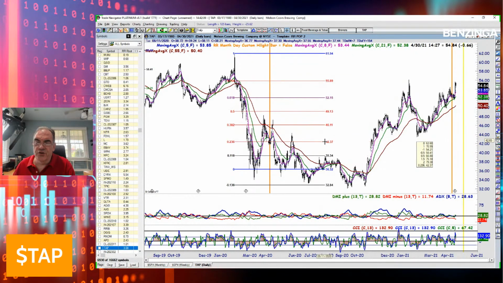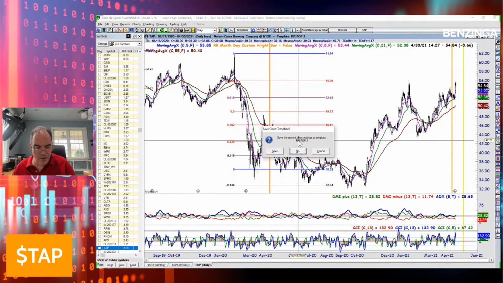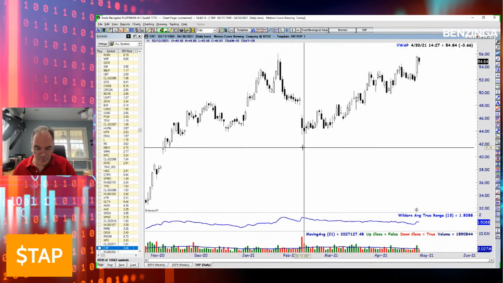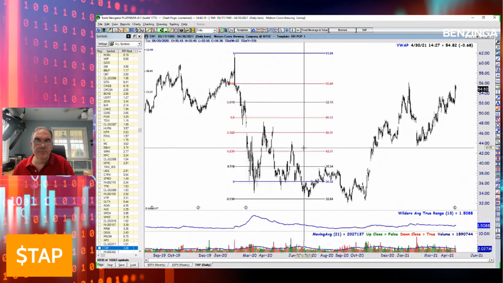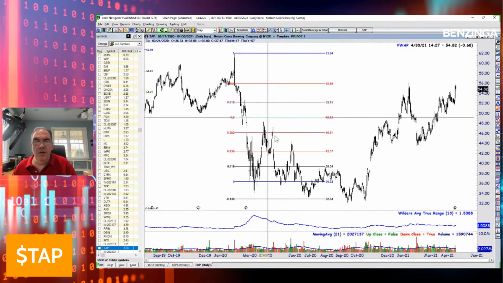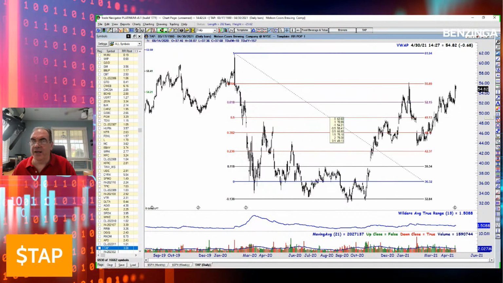All right, first thing I need to do is redraw a fib. The Fibonacci that I have is a little bit old. Actually, no. What am I talking about? This fib is fine. Nothing wrong with it. We didn't violate it yet, so we're good here.